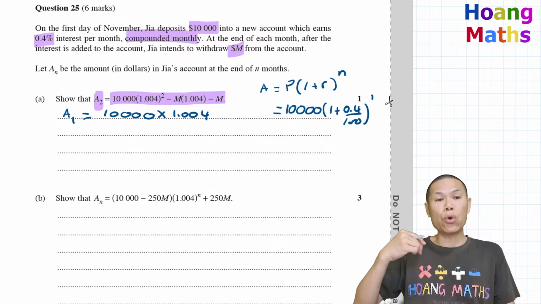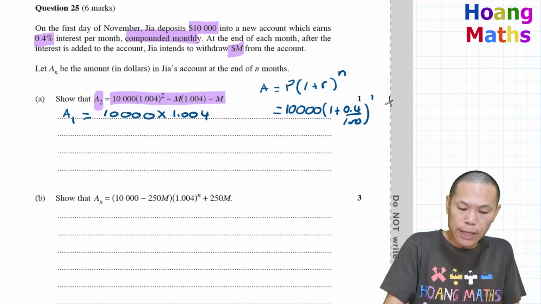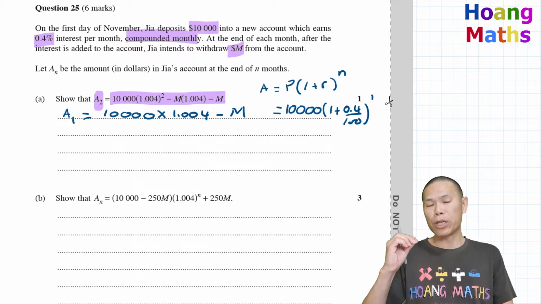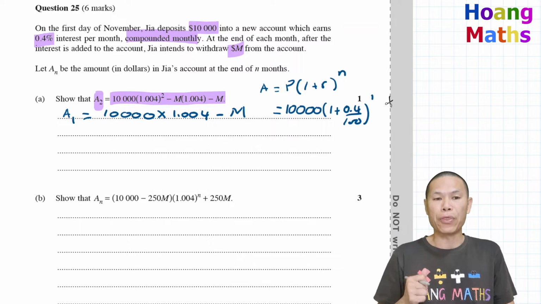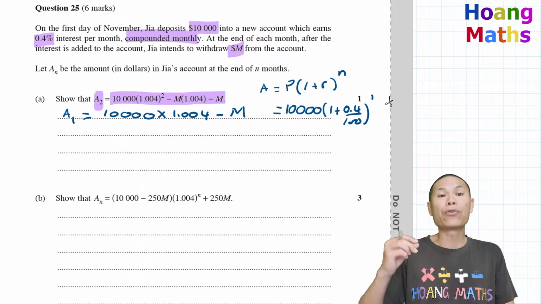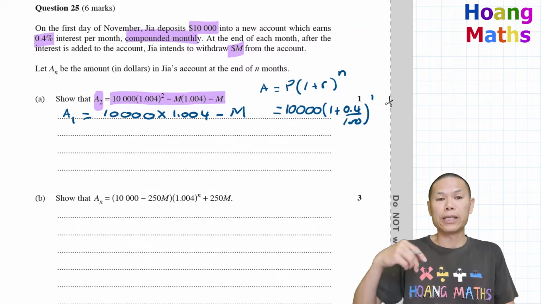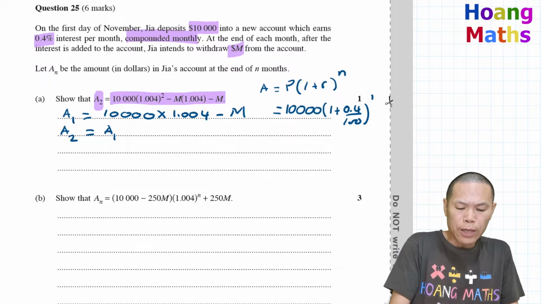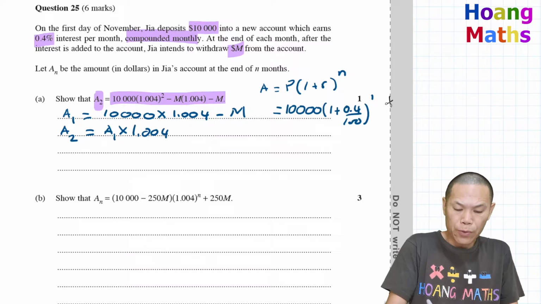But then he withdraws M amount. So we take out M. So that is the amount of money at the end of the first month. So we need to work out the end of the second month. That is A2. So A2 is equal to A1 times the interest on top, so that is 1.004, and then we minus M amount.